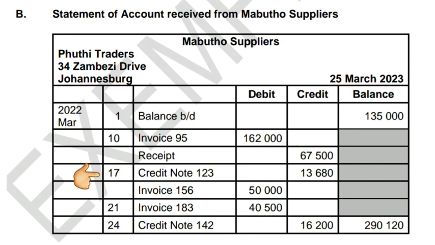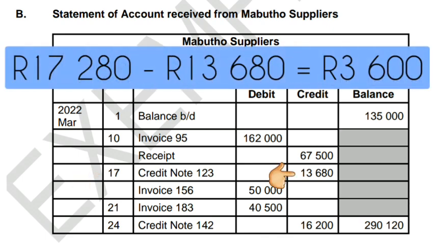But look at it. In Mabuto, it says it's credit note 123 on the 17th of March. It's 13,680. So what I'm going to do is find the difference. I'm going to take the amount in my creditors ledger of 17,280 minus the 13,680, and it gives me 3,600.